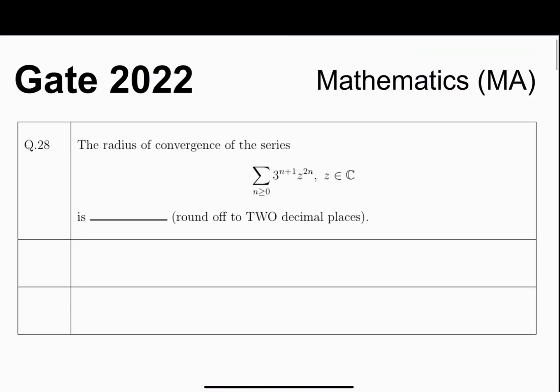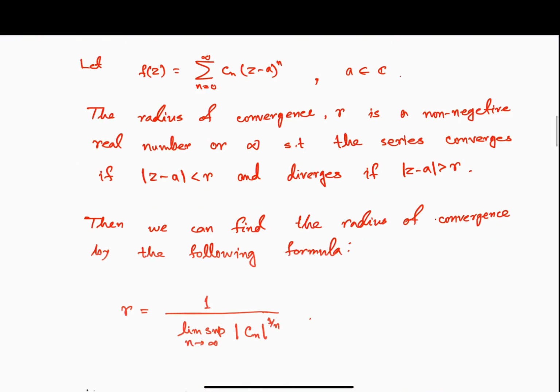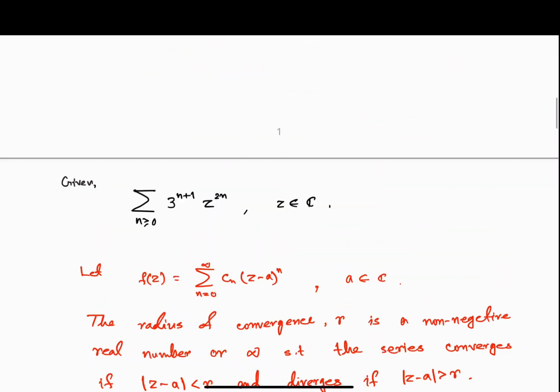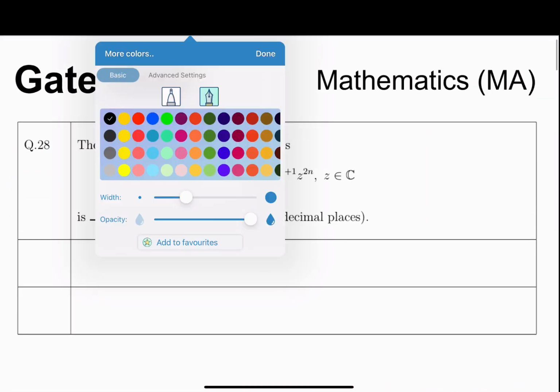So this is the radius of convergence. You have to find it rounded off to 2 decimal places. If you write it down, you can see that this is 0.57 or 0.58. Rounding off to 2 decimal places, the answer is 0.58.